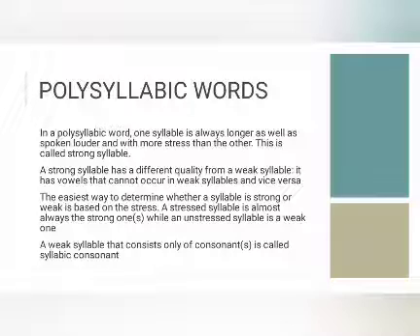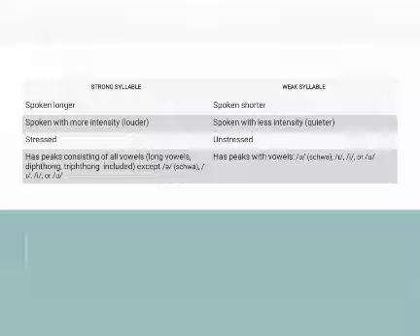Anyway, a syllable that consists only of one consonant is called a syllabic consonant. These are the differences between strong and weak syllables. A strong syllable is spoken longer, with more intensity or louder, with stress, and has peaks consisting of all vowels, including long vowels, diphthongs, and triphthongs, but except schwa, i, or u.